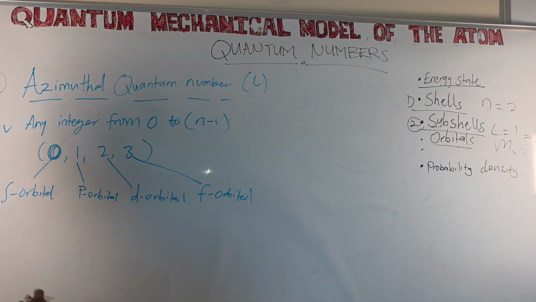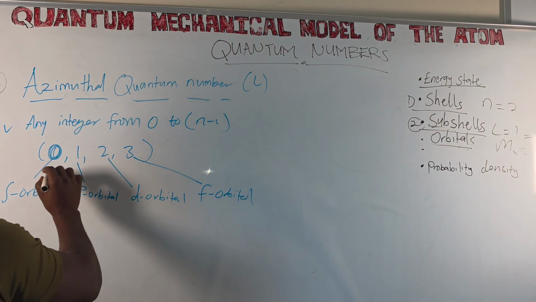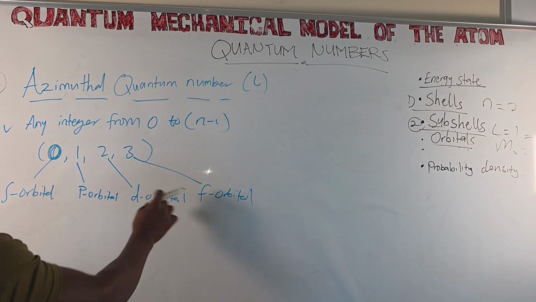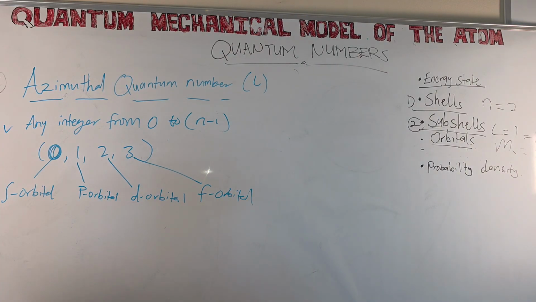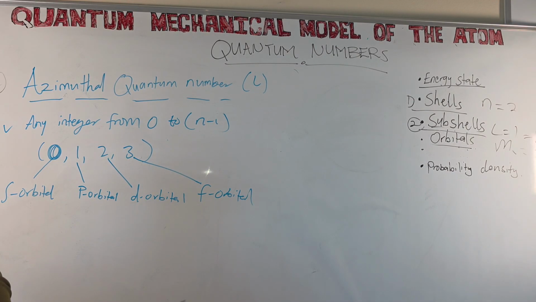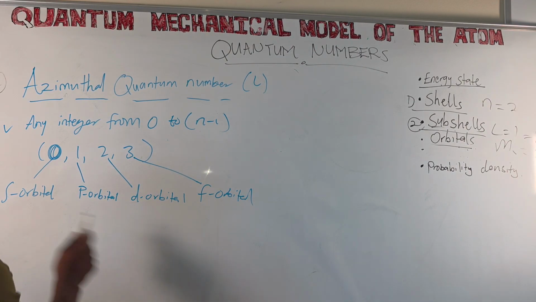So 0 is the s orbital, then p orbital, d orbital, f orbital. I'm assuming that there are some more orbitals of some specific shells, but we're not going to go all the way over there. That is quantum stuff. But for the scope of the MCAT, this is something that you should know.